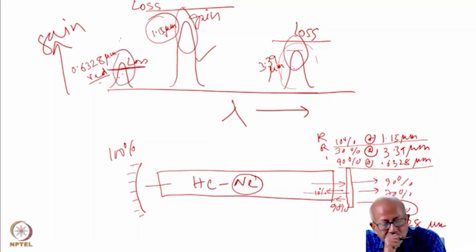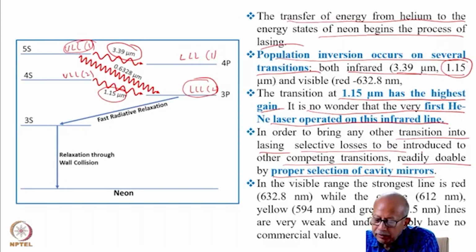And that is how, by selectively introducing loss to the transitions, you can actually make the laser lase on transitions which have much lower gain. And this is absolutely doable.